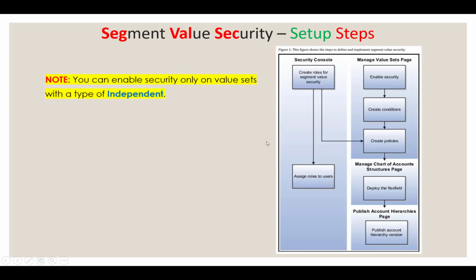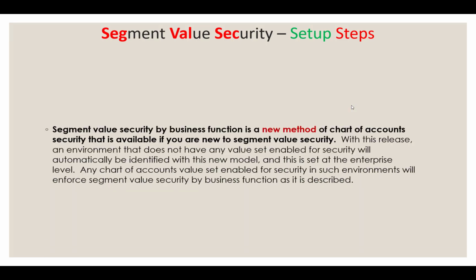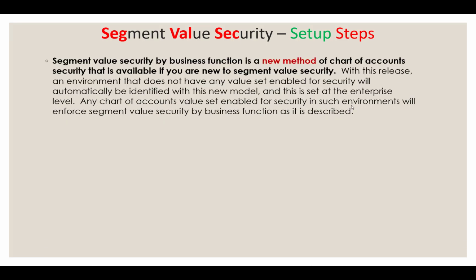Before I start showing you how to enable and set up, let's talk about something very important. This slide is very important because, as you see here, it covers segment value security by business function. This is a new method of chart of account security that is available if you are new to segment value security.